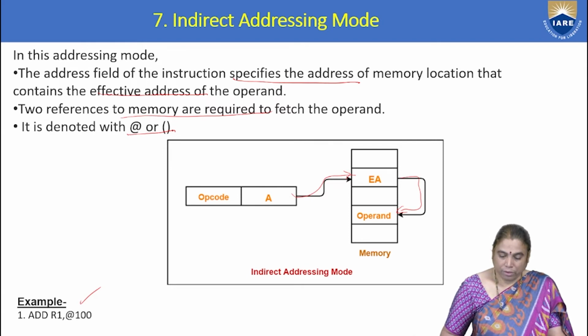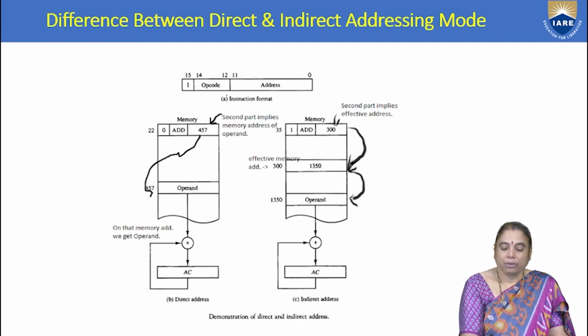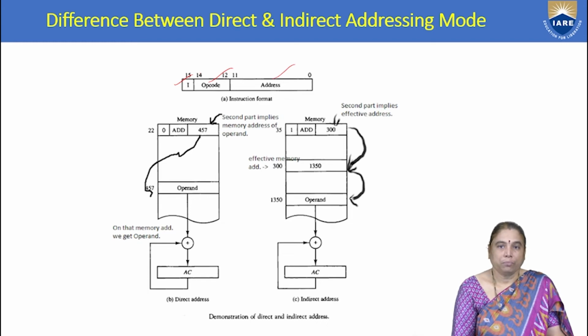Now we'll see the difference between direct addressing mode and indirect addressing mode. Generally the instruction format is specified with the opcode and the address, and the MSB represents whether it is a direct or indirect addressing mode.